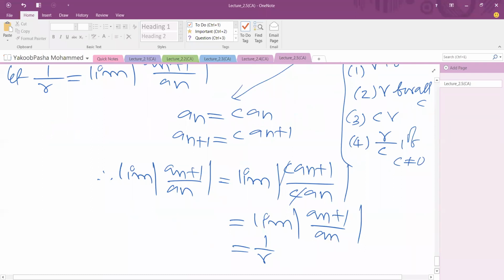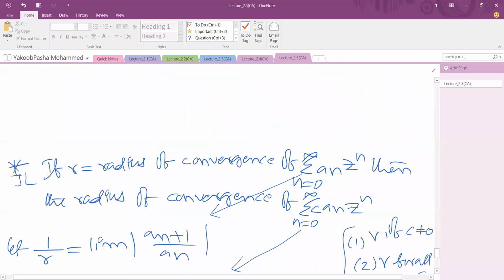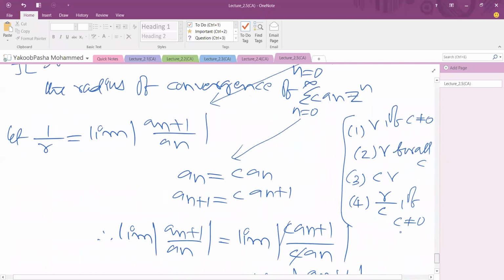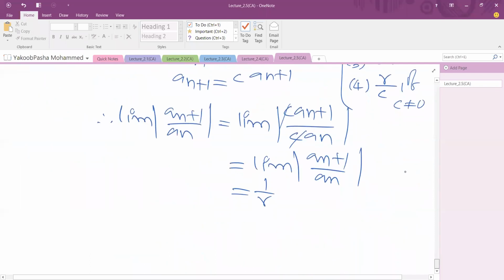So for the series summation n equal to 0 to infinity a_n z^n, the radius of convergence is r. For the series c into a_n z^n, the radius of convergence is also r.